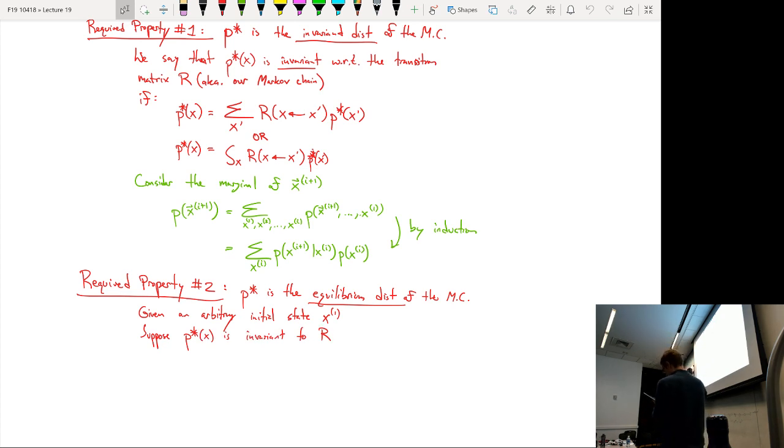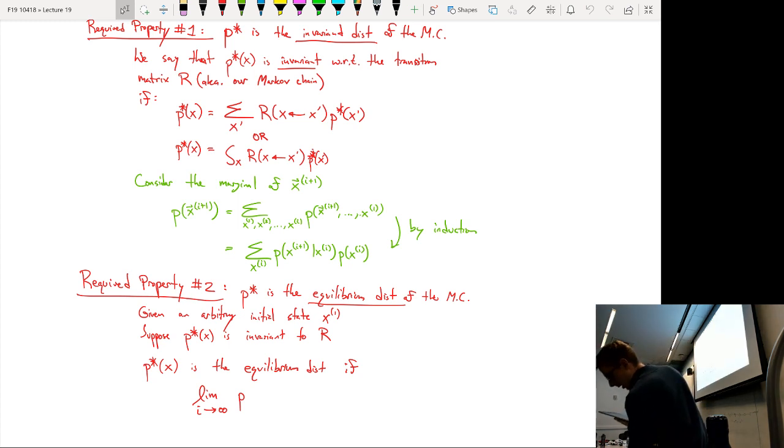If that's the case, then P star of x is the equilibrium distribution if the limit as i goes to infinity of that marginal P of x_i is equal to P star of x.